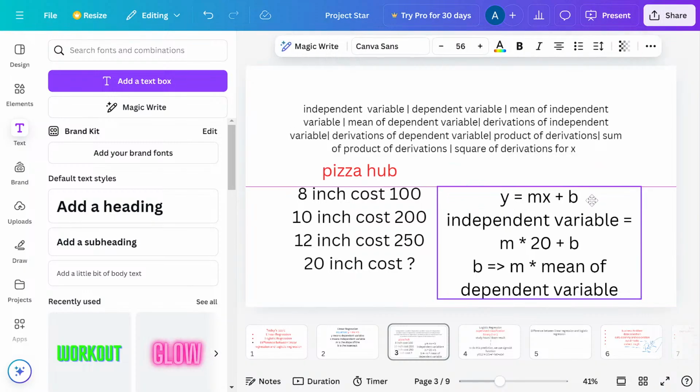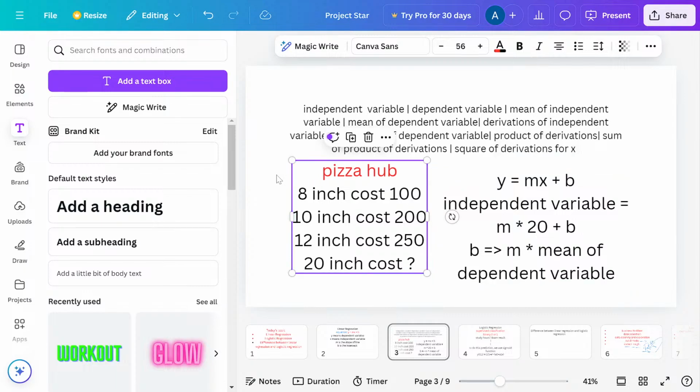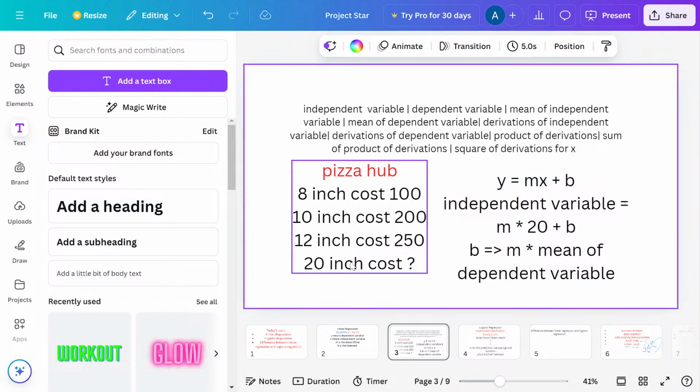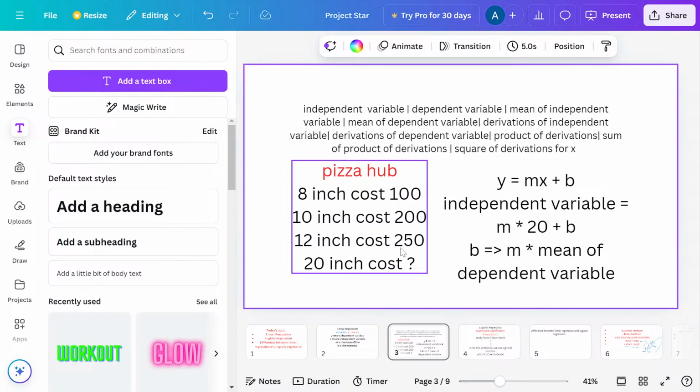So in order to find the cost of a 20 inch pizza, if we use this equation, then we can definitely find the cost of the pizza whose size is 20 inch.